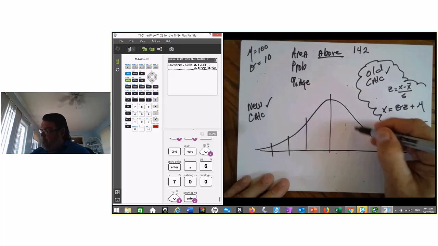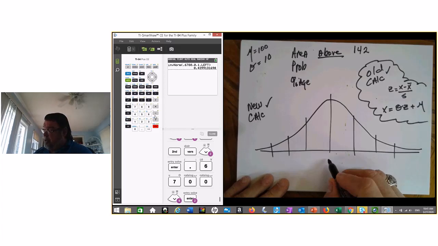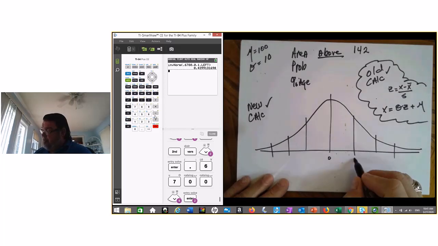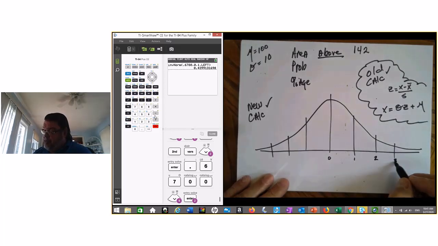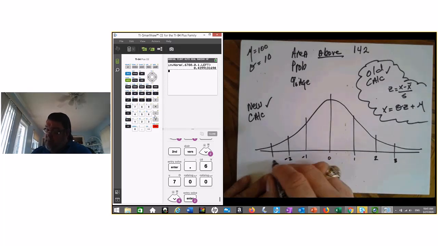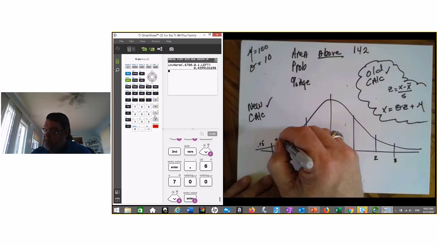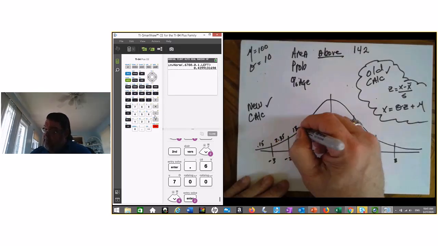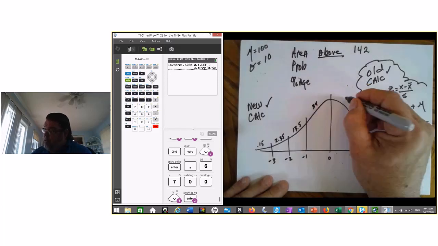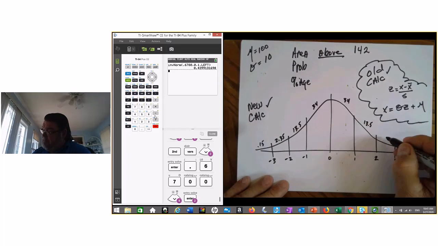Hopefully y'all have gotten the Google image and put it in a word processor, because it's a pain drawing these things over and over and over, especially putting the empirical rule in there. 0.15, 2.35, 13.5, 34, 34, 13.5, 2.35, and 0.15.